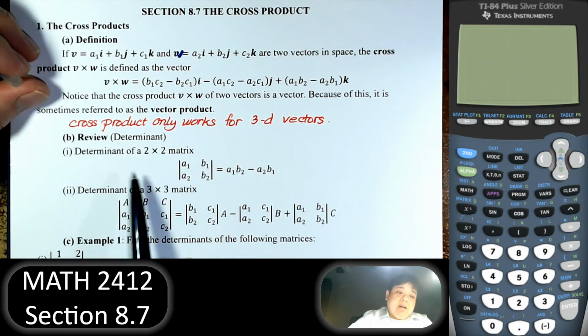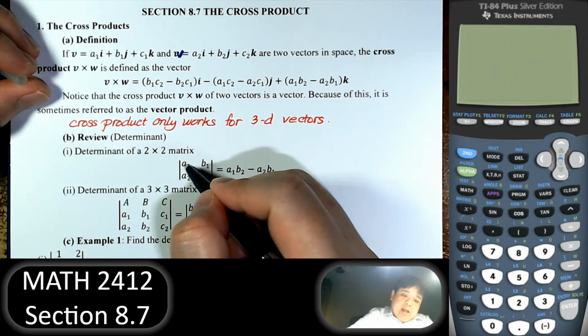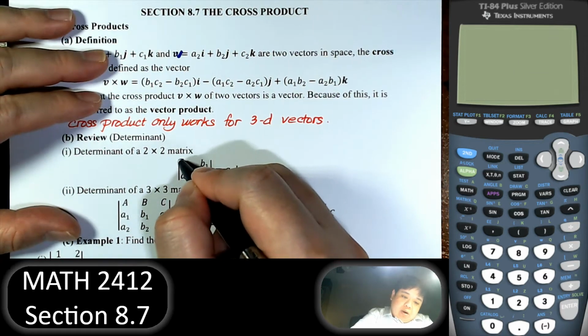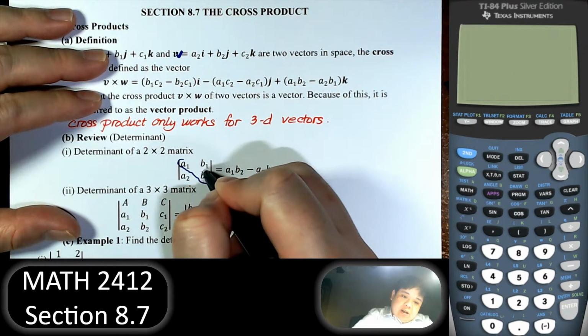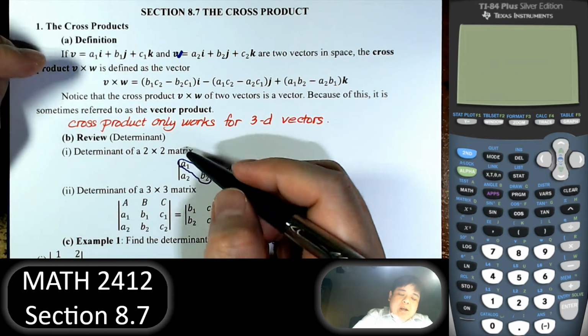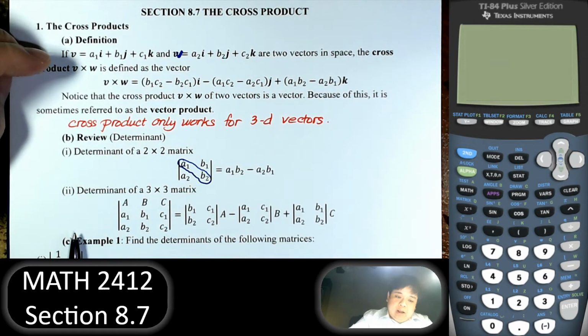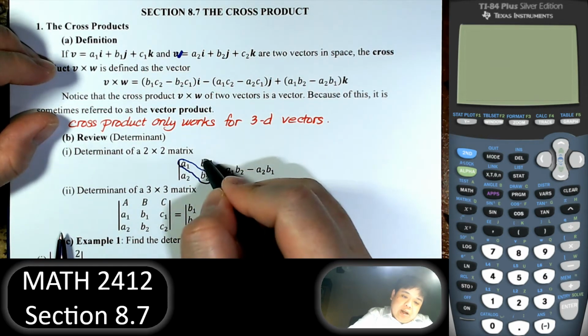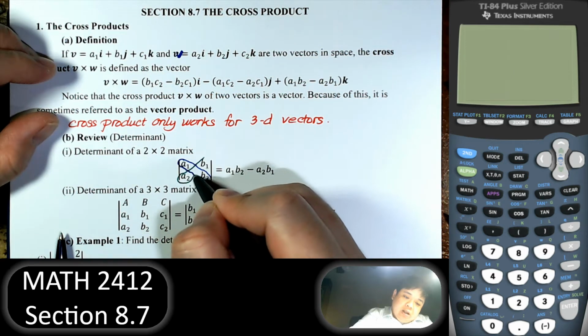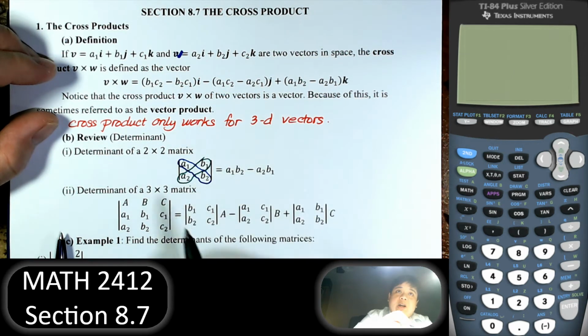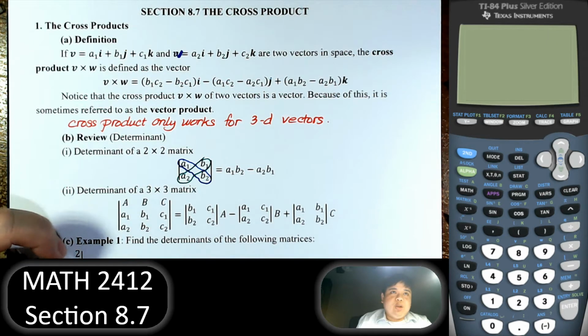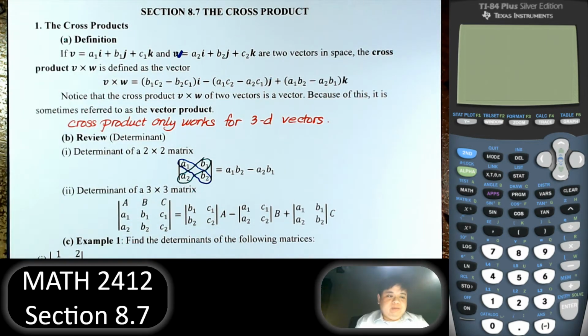If we have a 2x2 determinant, we take the product of the northwest-southeast diagonal, A1, B2, and then we subtract the product of the other diagonal. So that's what we have. So 2x2 is easy enough.